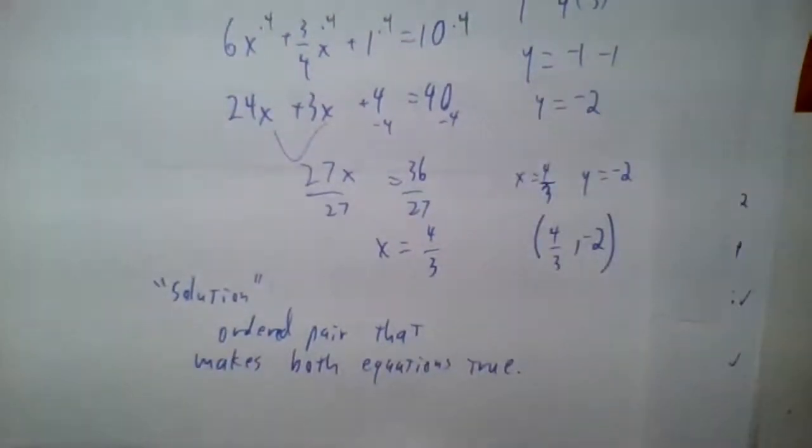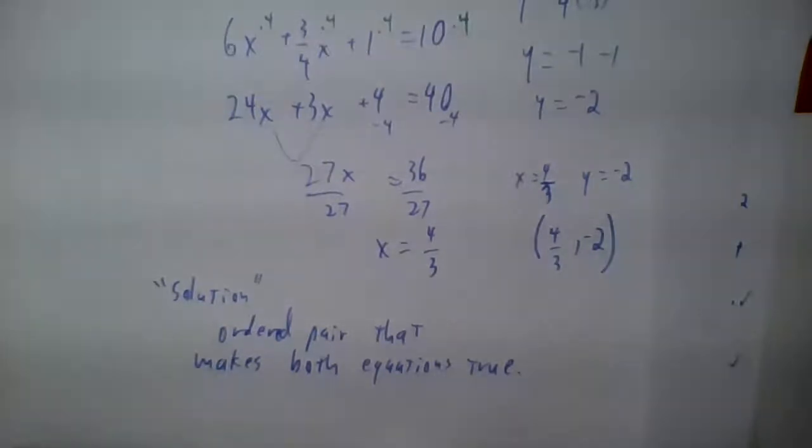And if you follow the steps through and don't make any mistakes with all of that, the numbers that you get will work in both equations. Nothing weird should happen with that. We're just doing regular equation solving stuff. So the numbers that you get should work in both equations, and you can check that.